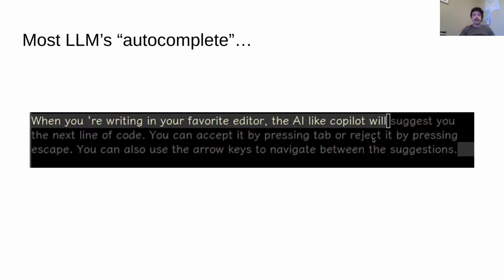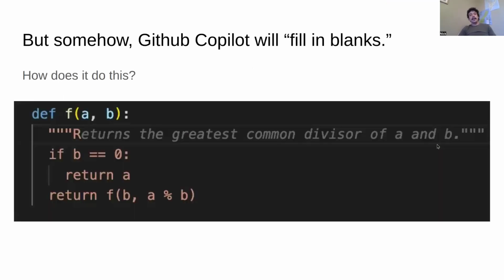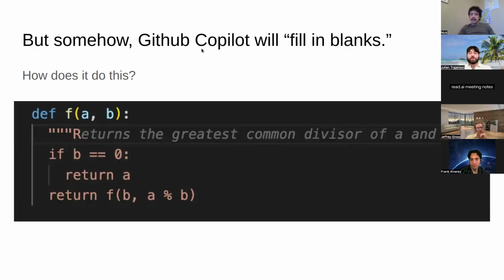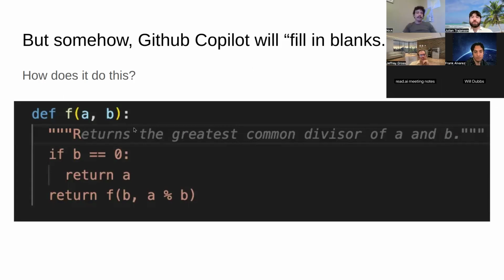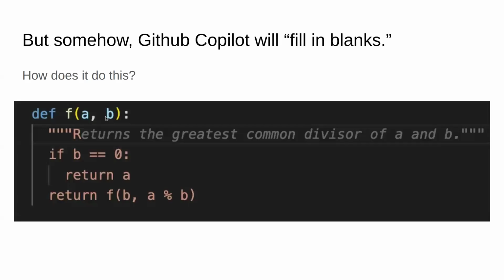You can accept it, or reject it by pressing escape. GitHub Copilot will also fill in the blanks in the middle of something you're writing. For example, here there's a function that just is FAB, and somehow it figured out that it returns the greatest common divisor of A and B, based on context in front of where you're filling it in.